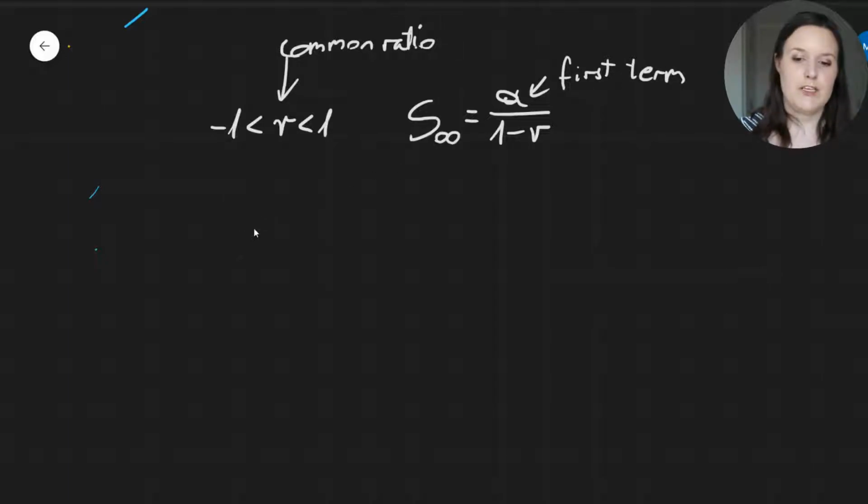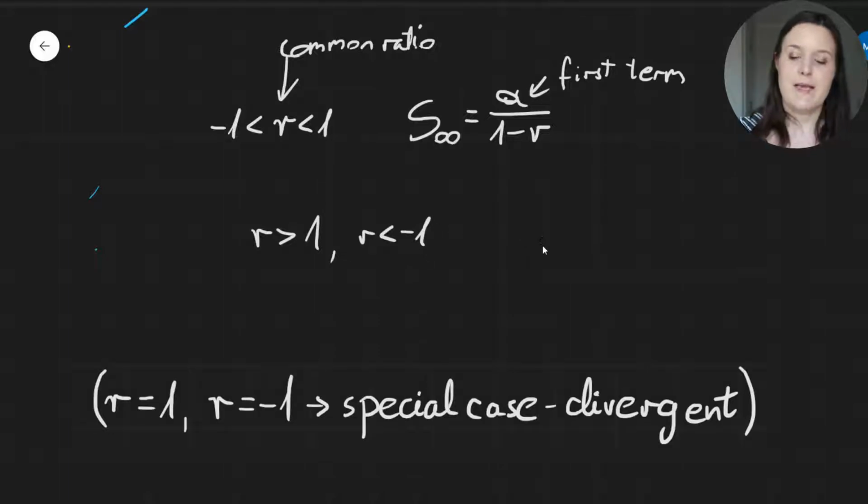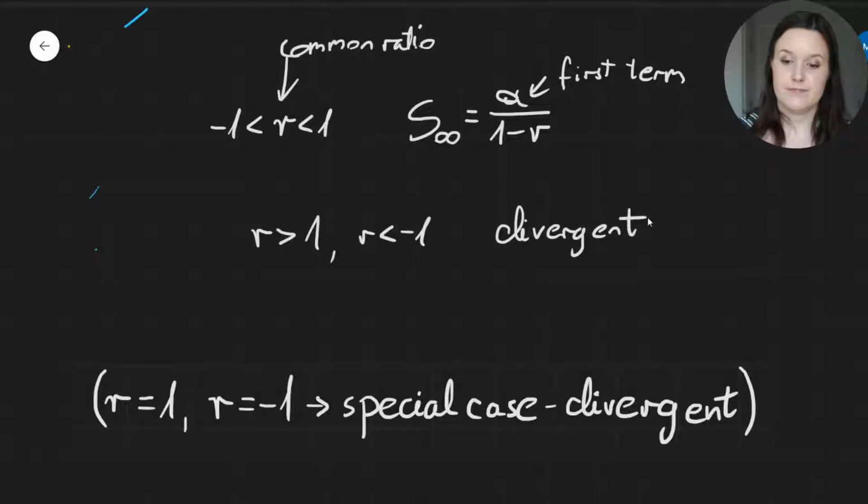If the common ratio is bigger than 1 or smaller than minus 1, the sum to infinity doesn't exist, so this series is divergent. That's what we have to know for the sums to infinity.